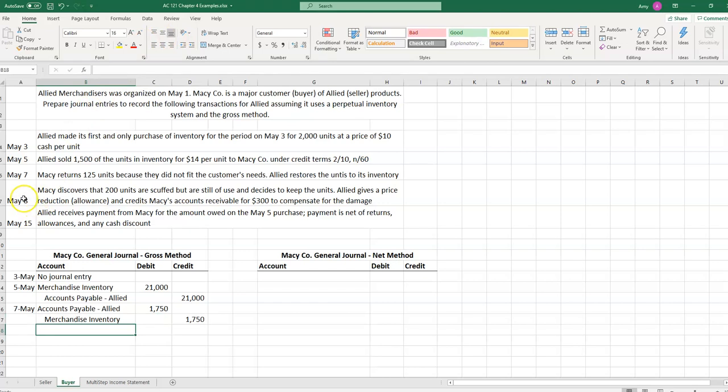On May 8th, we discover that 200 units are scuffed, but we decide to keep them for an account credit. If you remember, Allied had to record that as a sales return and allowance. We are just going to reduce our accounts payable and our merchandise inventory.